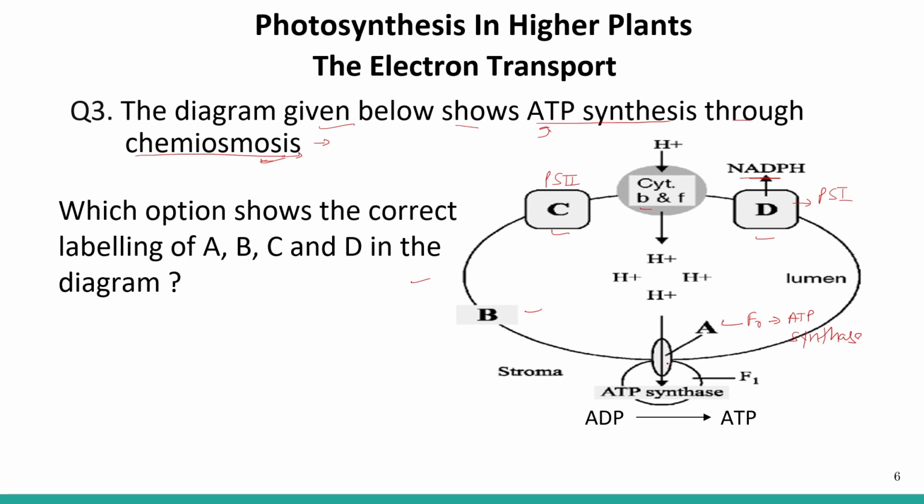Alright. This entire thing is the ATP synthase. This is the F0 and this is the F1. Okay. And ATP is produced here. What is B? B is the thylakoid membrane here. Thylakoid membrane, and these complexes, photosystem 2, photosystem 1, as well as cytochrome B6F, are present in the thylakoid membrane.